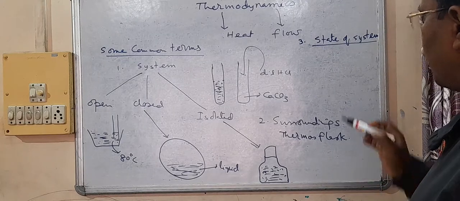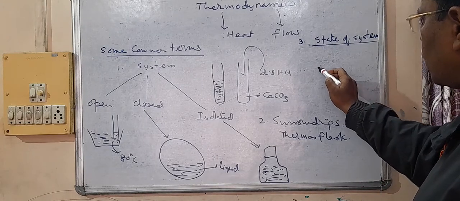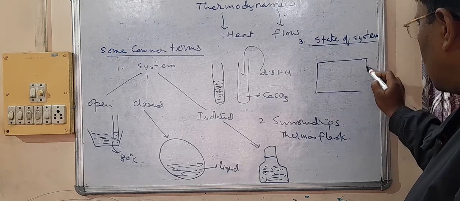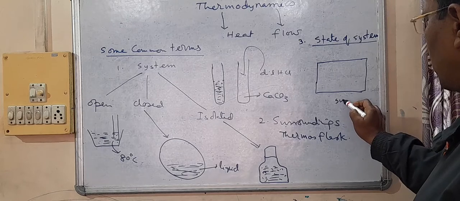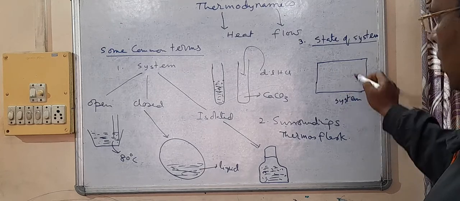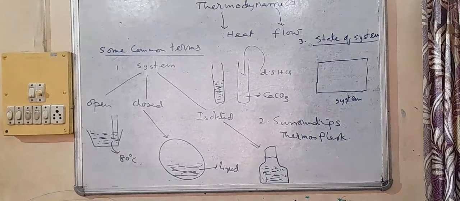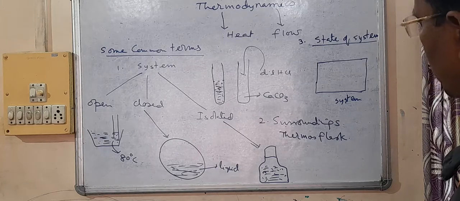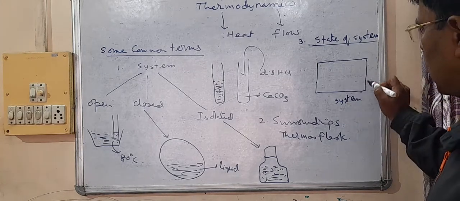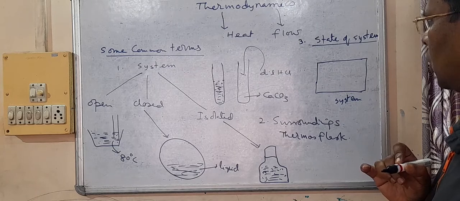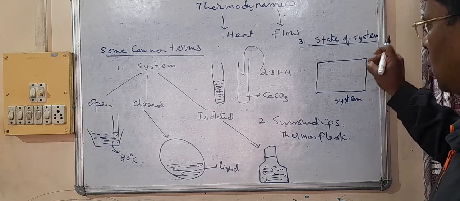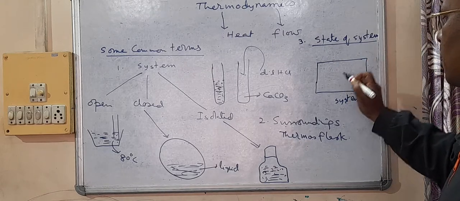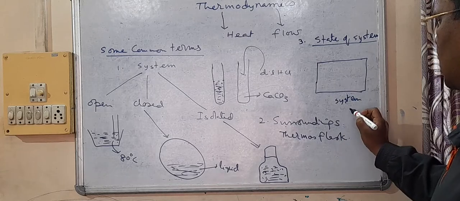Now suppose we have a system here, and say this system is under observation. This system is under experimentation. So in order to know about the system, we have to know so many things about the system.